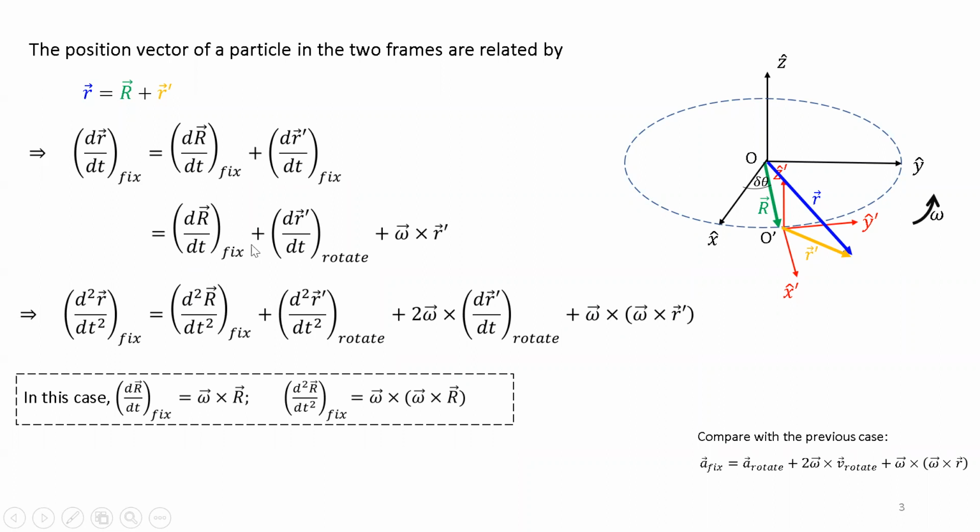The only time dependence of this capital R is given by this rotation. This capital R itself is not doing other things. It's not going to change length or anything. Therefore, this d capital R dt is given by omega cross R, and then this d squared R dt squared would be given by omega cross omega cross R.